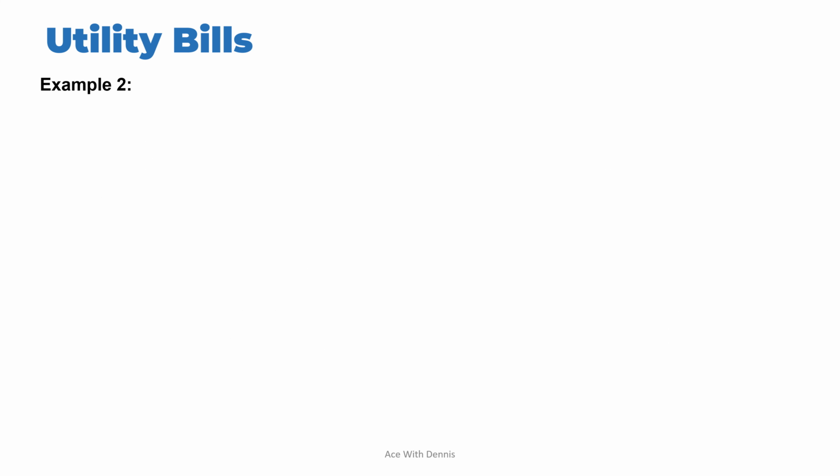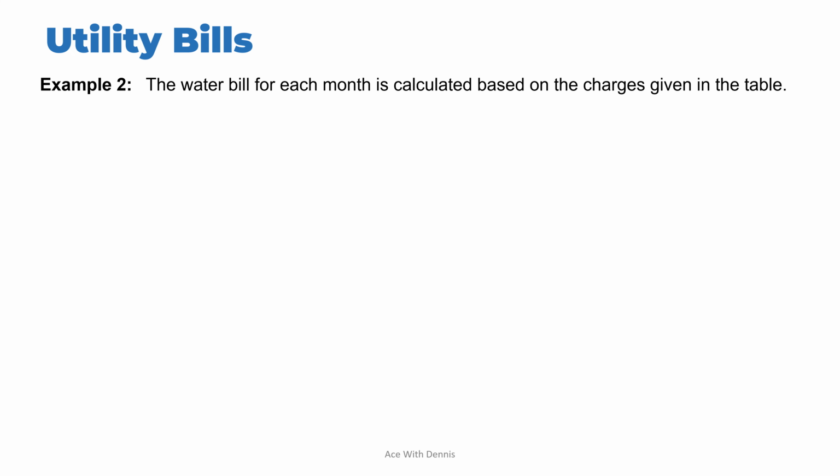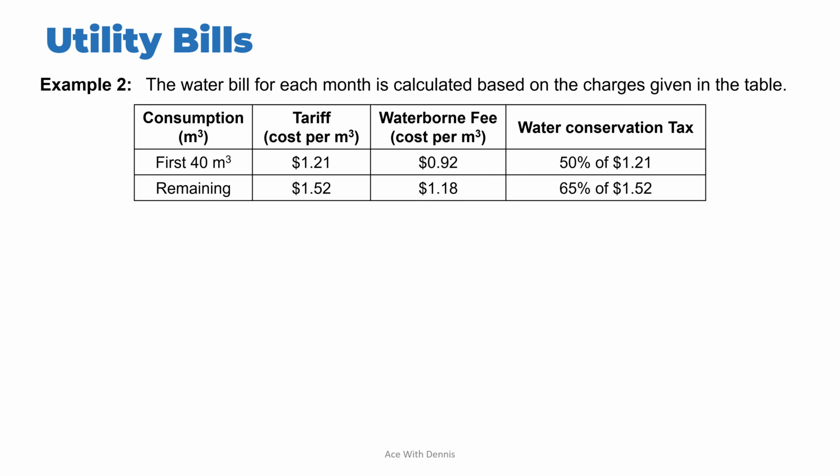Now let's see example 2, which is related to the water bill. Okay, the water bill for each month is calculated based on the charges given in the table. So this is the table, as we have seen in the previous slide. Under water services, there are three things that will be charged: the normal usage or the tariff, followed by the water bond fee, and then the water conservation tax.